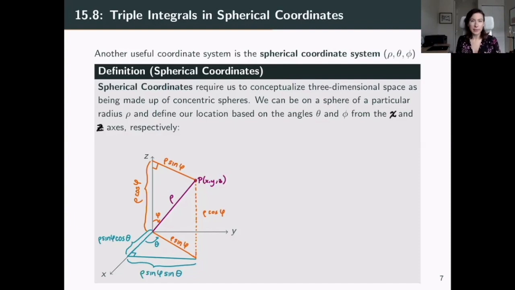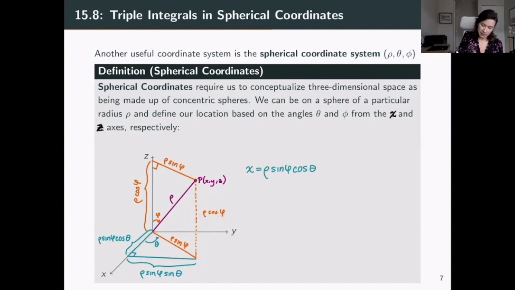Now that we have this picture set up, we can figure out what our x, y, and z coordinates are in terms of rho, phi, and theta. We'll end up having that our x is going to be equal to rho sine of phi times cos of theta. Again, we get that based on this part of the diagram.